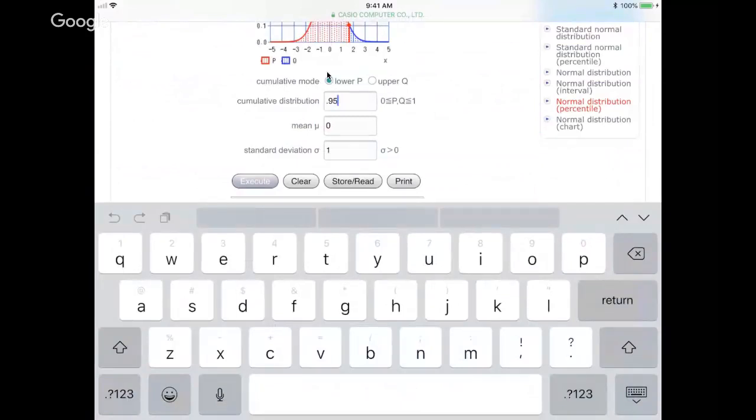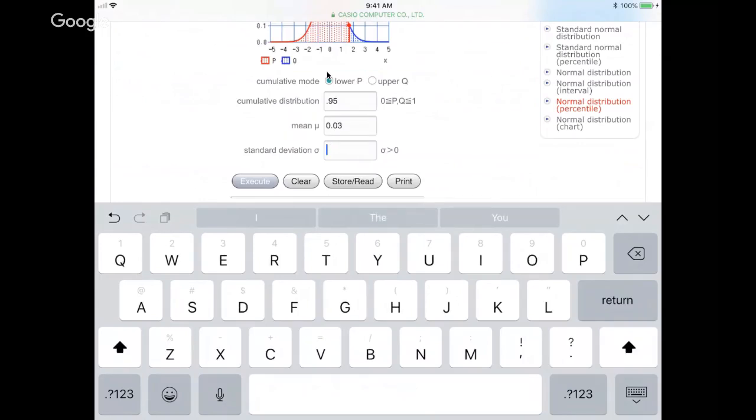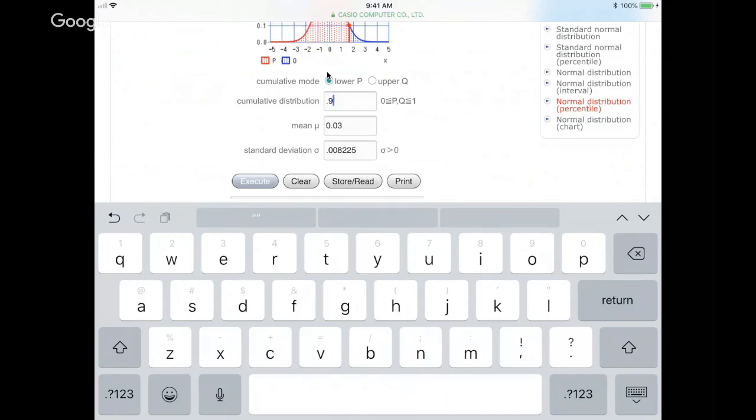So I would need a mean of 0.03, standard deviation of 0.00825. I know that the other calculator can't do more than 4 decimal places. And I'm looking at the lower p. So instead of the small probability above, I'm looking at the big probability below.